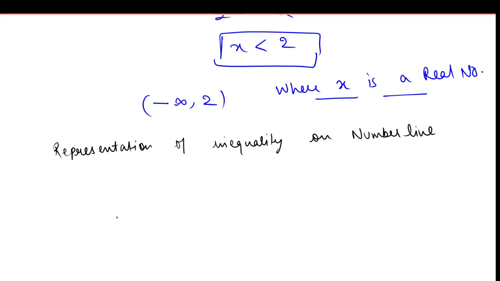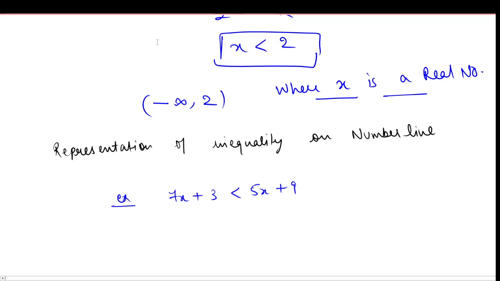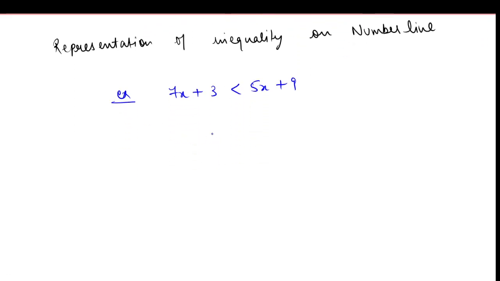For example, 7x plus 3 is less than 5x plus 9. By using the rule of subtraction, we get 7x minus 5x plus 3 less than 5x plus 9 minus 5x. So this will reduce to 2x plus 3 less than 9.